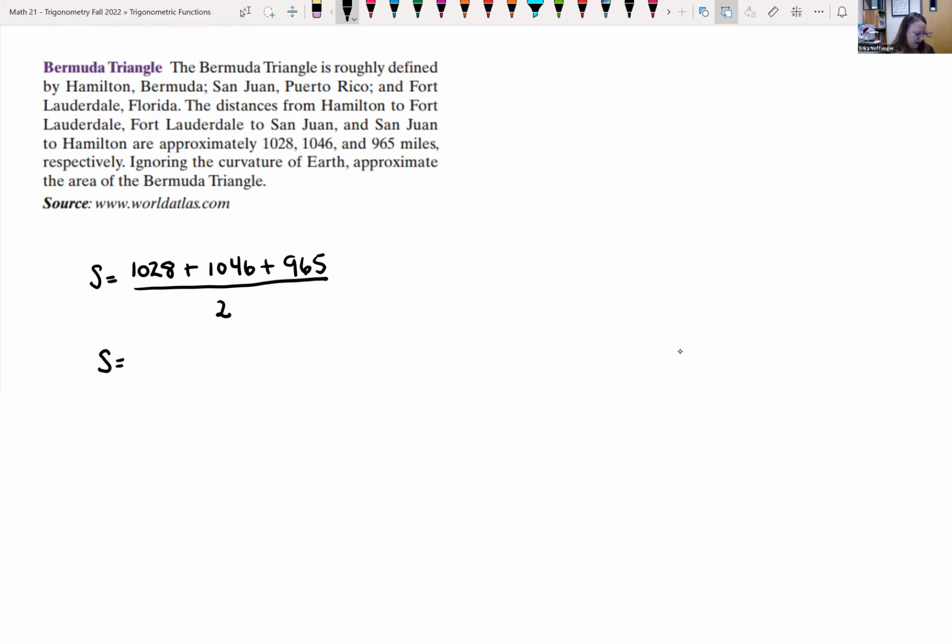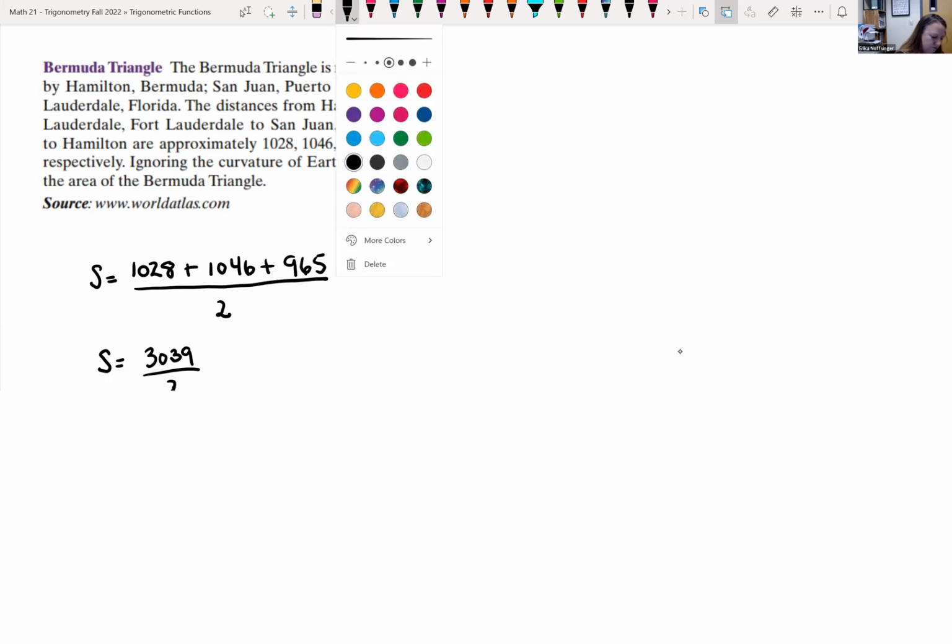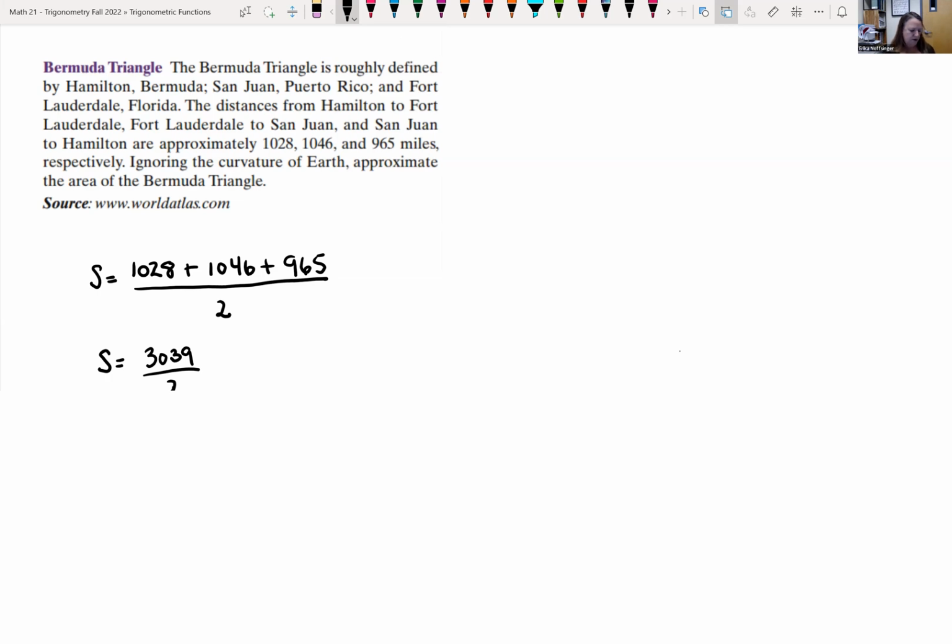So plugging that into the calculator, 1,028 plus 1,046 plus 965, we get 3,039. All divided by 2. Let's see why my computer's frozen. So if we take that sum divided by 2, we get that S is equal to 1,519.5.